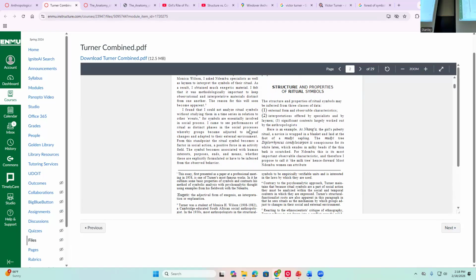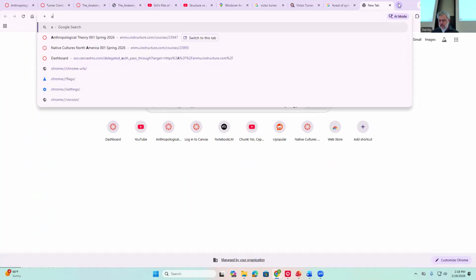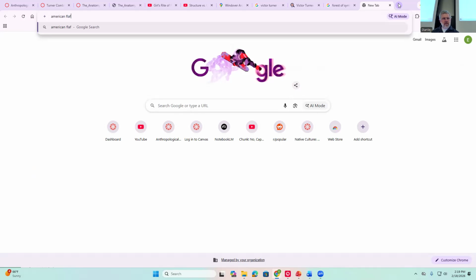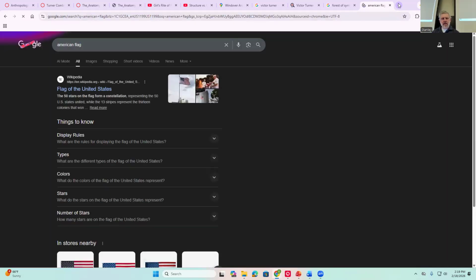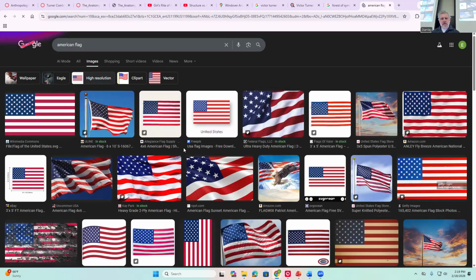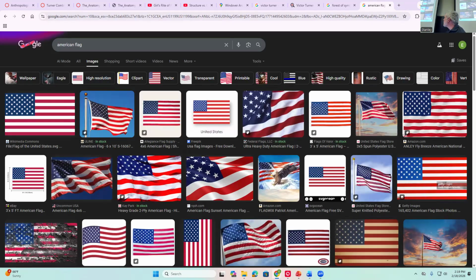When you look at a symbol in society, for example, one that we all know, the American flag. It is a symbol in our society.